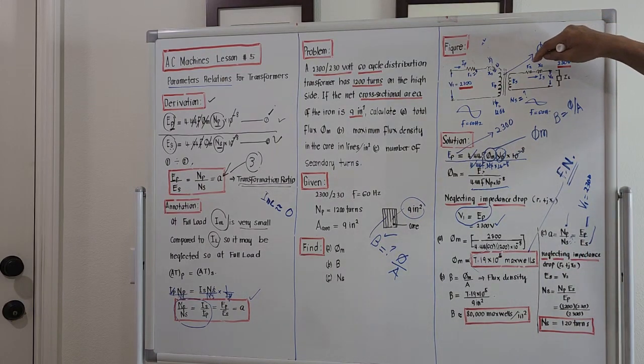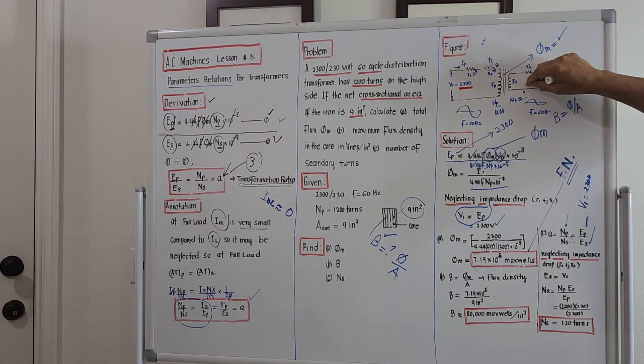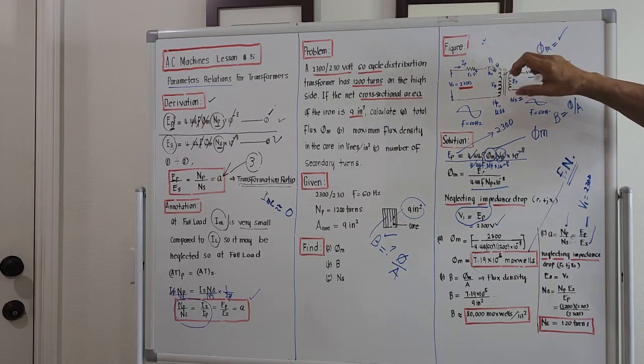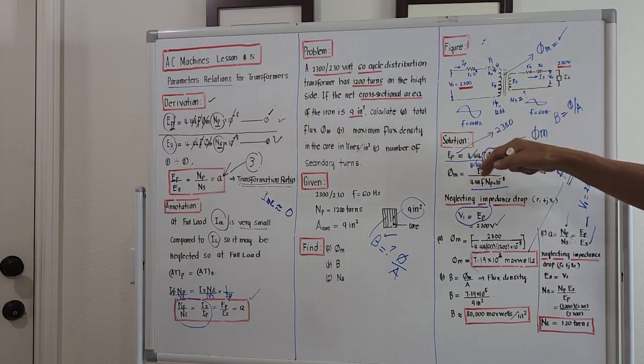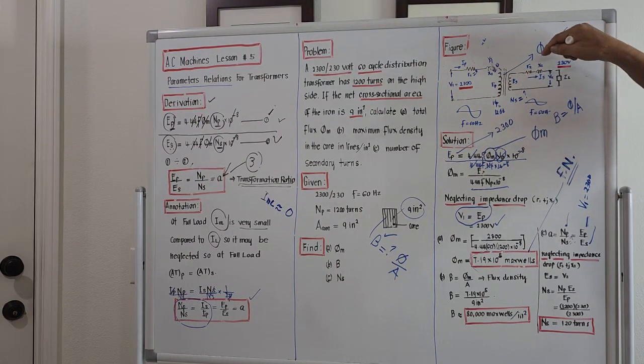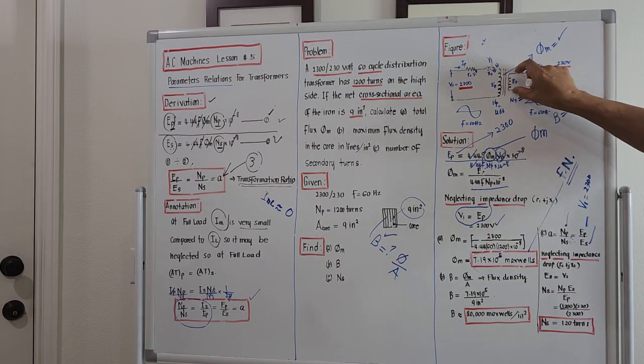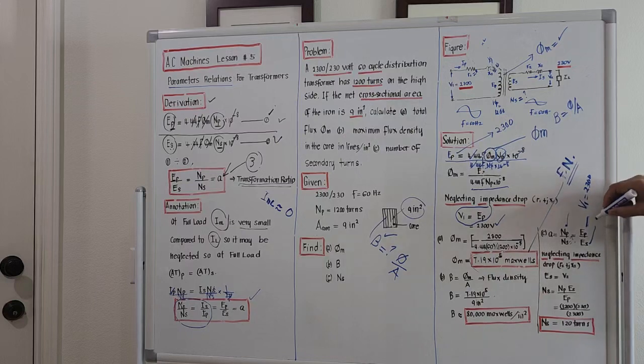If we neglect R2 on the secondary side, because the winding on the secondary side is a coil, there is no such thing as a perfect coil. But for this problem, we will neglect the effect of the resistance and inductance. So if this is 230, we could see that ES is equal to 230 also.